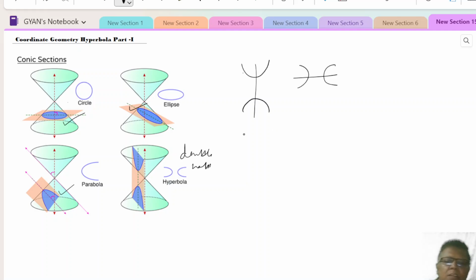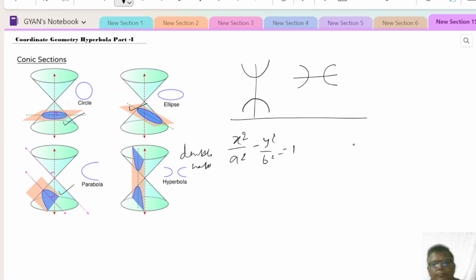So first we'll see the standard equation of the hyperbola. That is x square by a square minus y square by b square is equal to 1. The shape will be like this, with two directrices and two foci.